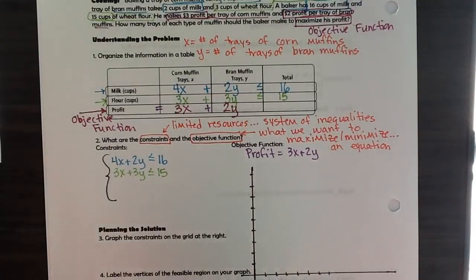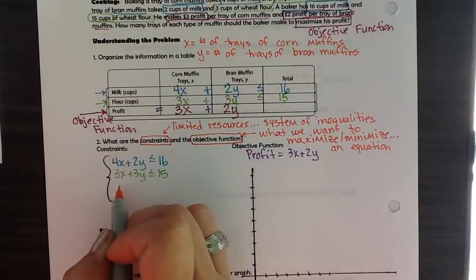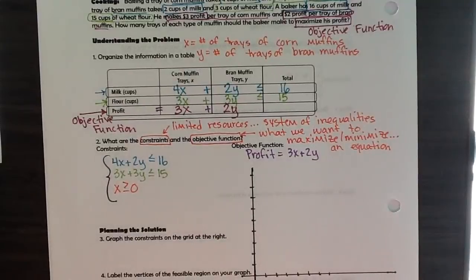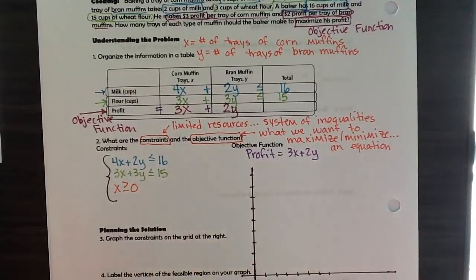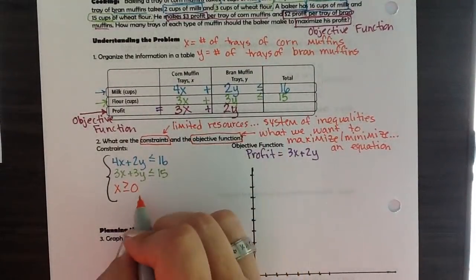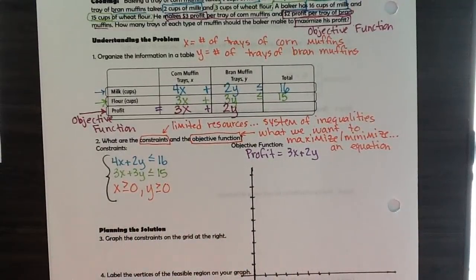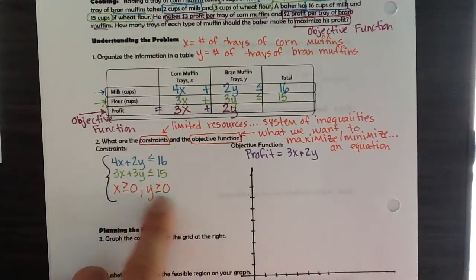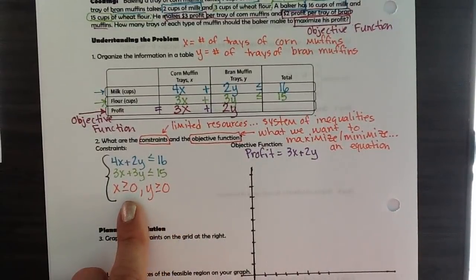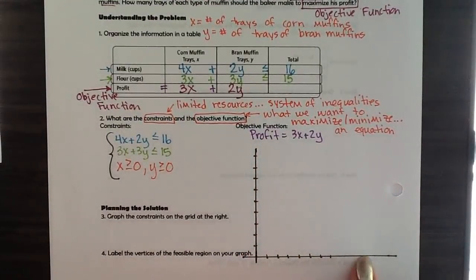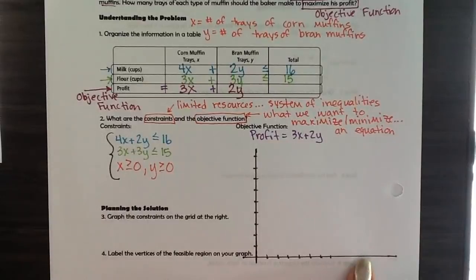So we would need to say that x needs to be greater than or equal to 0 because I can't make a negative number of trays. And same thing for the bran muffins, that y needs to be greater than or equal to 0. Remember, we talked about that these two together mean that I'm only graphing in the first quadrant. So that's why I've got my graph set up only to be that first quadrant where x and y are both positive.